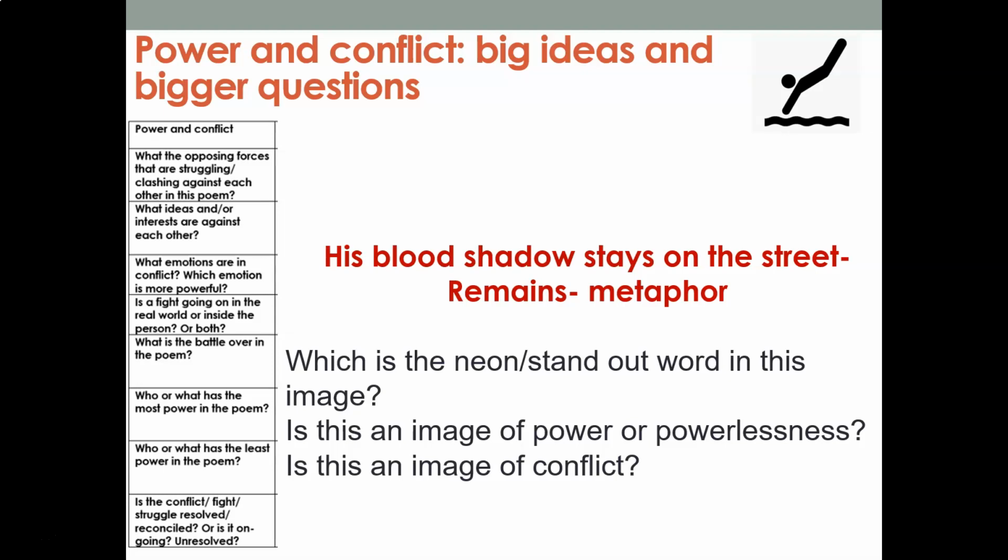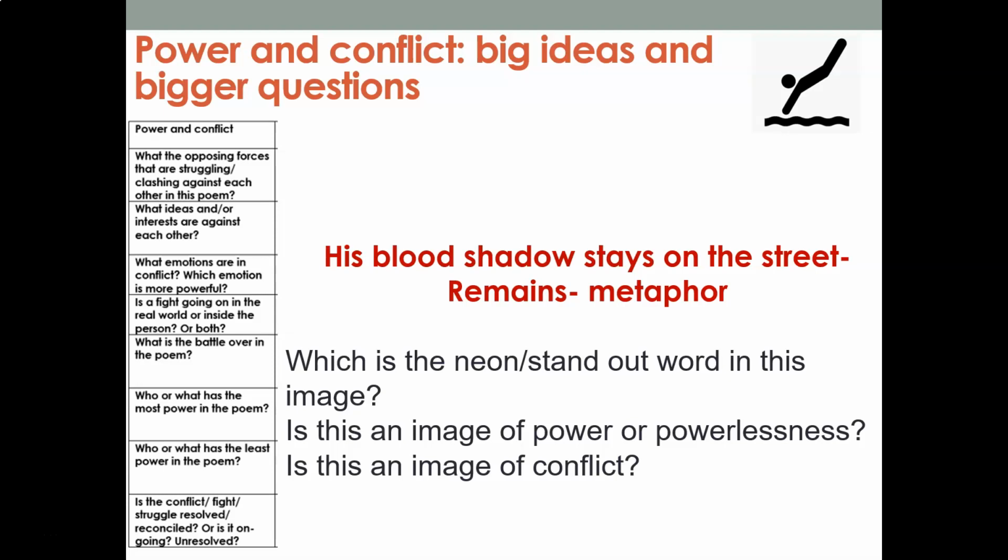So what's the battle over in this poem? What's the soldier fighting against? Does the soldier in the poem Remains have any power? What's he struggling with in this poem?